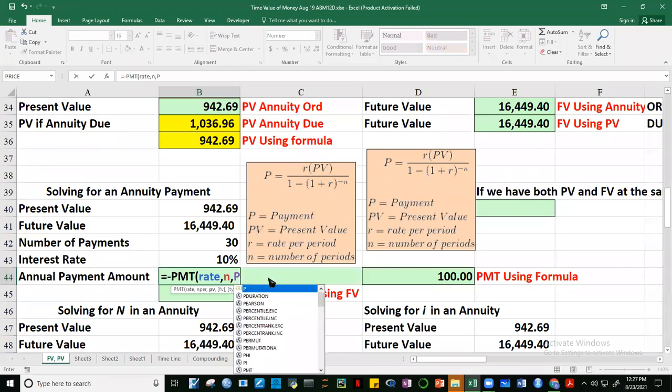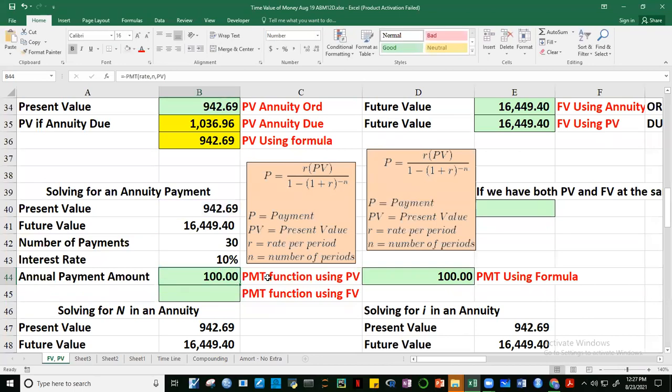So PV, PV yung name, okay, and then type, ignore, say this is annuity ordinary, ignore na lang natin, then we should be getting 100. So nung ginamit natin yung 942, guys, to compute for an annuity of 30 years at 10%, na-generate natin na ang annuity nun is 100, given ang present value is 942.